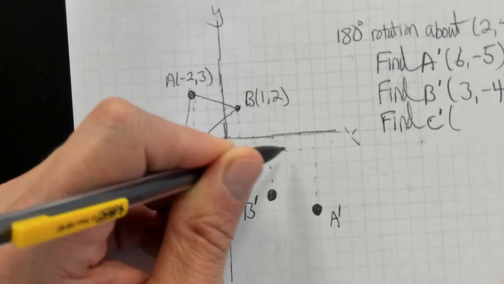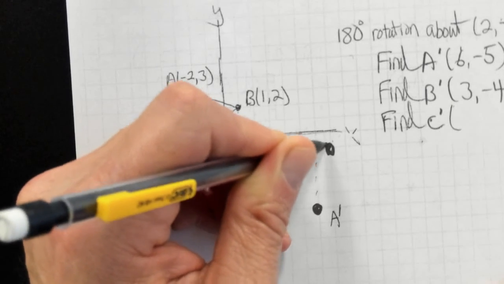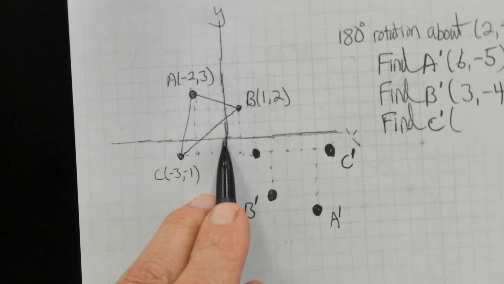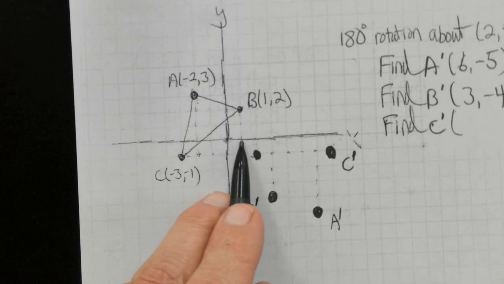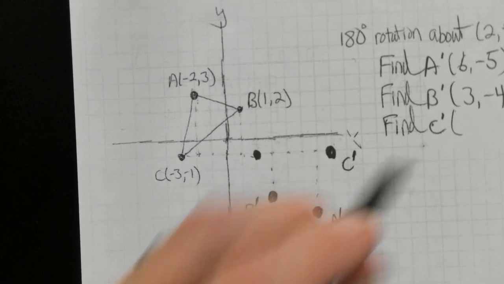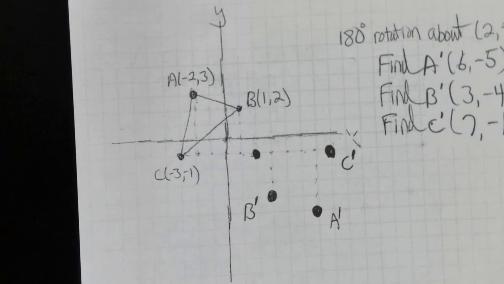So when I go back to normal, where am I going to go? To the right by 1, 2, 3, 4, and 5. And so that'll be my C prime. I can get the coordinates. Remember, go back to 0, 0 for the coordinates. 1, 2, 3, 4, 5, 6, 7, and down by 1. That's going to make the coordinates 7, negative 1. And now we have all of our prime points.